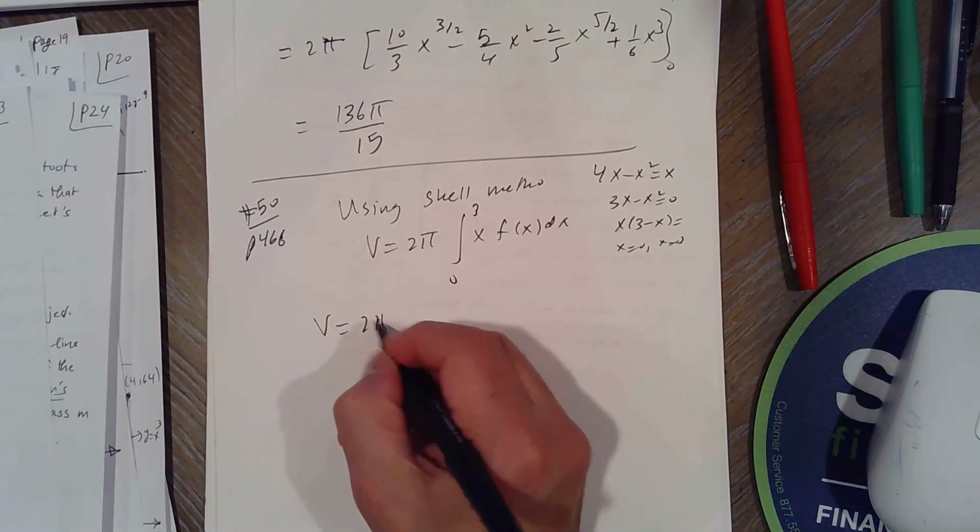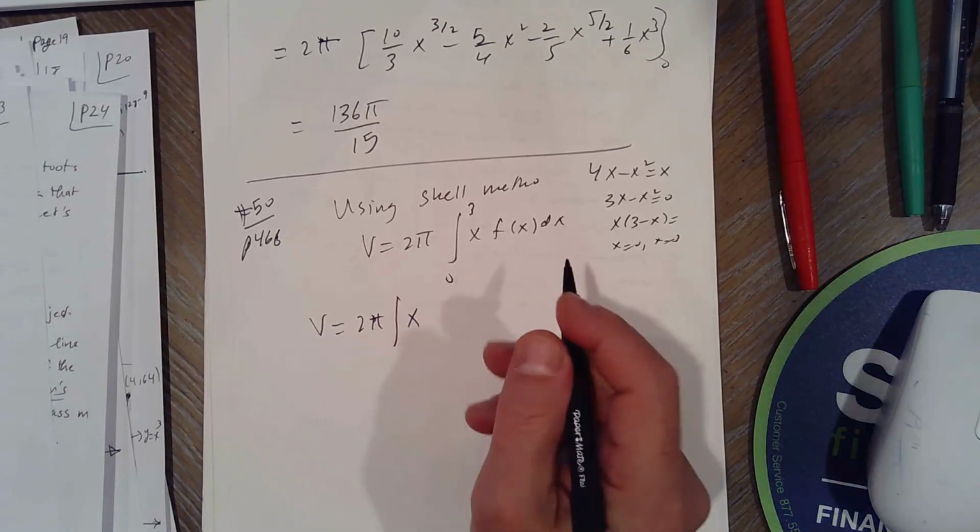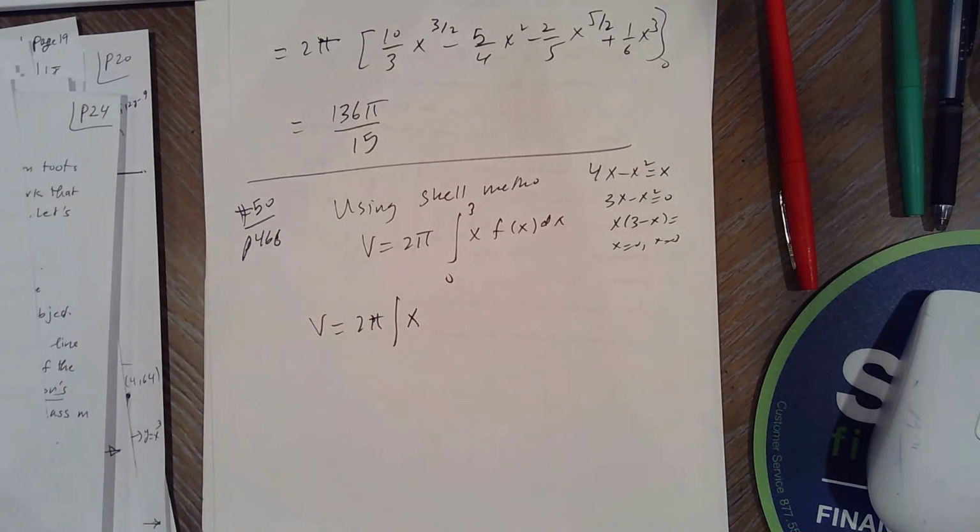Okay. So 2 pi integral x and f of x. So we want to find that strip.